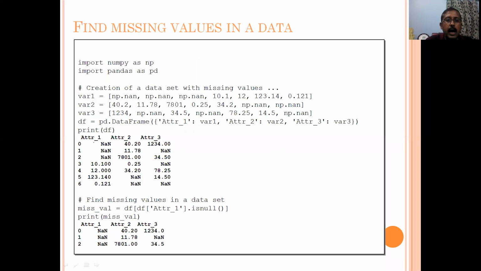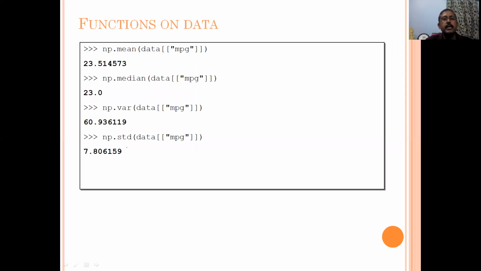Now, other than that, there are certain utility functions which we can also use from the Pandas library, or rather it's a combination of Pandas and the NumPy library. So say, for example, if I want to find out the mean of a particular column in a data frame object or a data set, how can I do that?